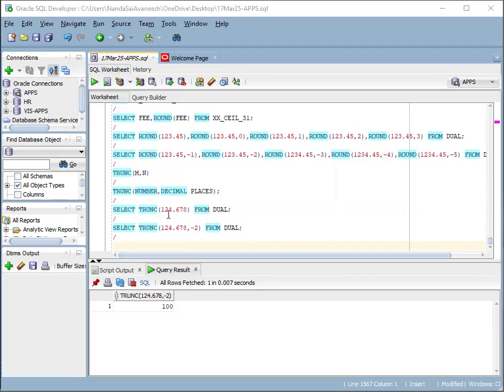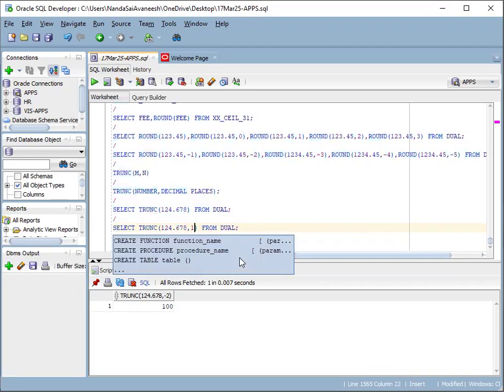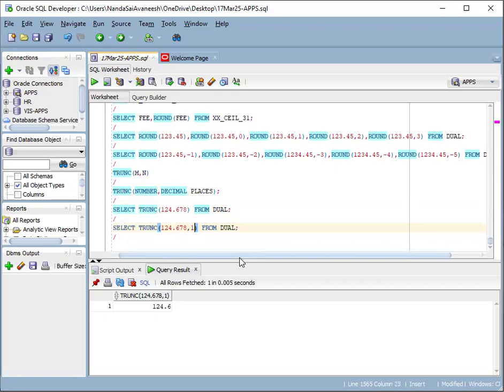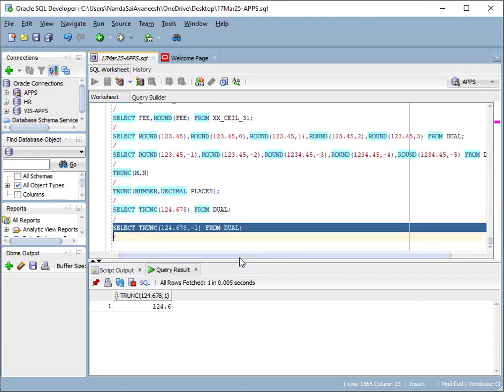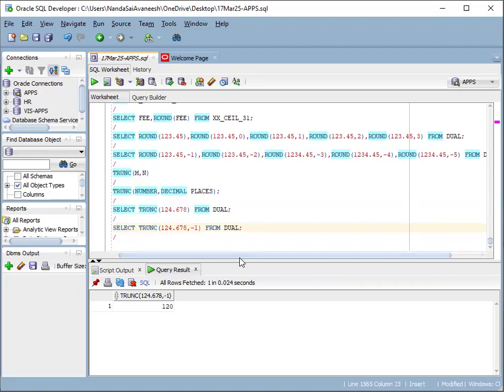This is the precision and this is the scale. When you give the minus value, the scale is completely removed and the precision value changes to 0 based on the n value. Suppose I say minus 1, on 124.6 with decimal places, minus 1 means the ones place in the precision changes to 0.